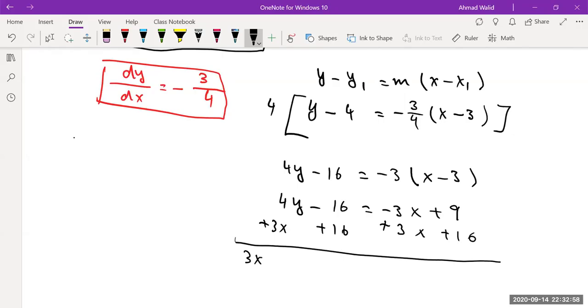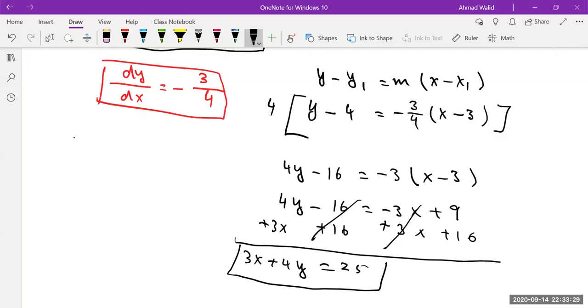Then 3x plus 4y equals, negative 3x and 3x cancel out, 9 plus 16, 25. This is the equation of the tangent line to the given curve, which was x squared plus y squared equals 25. That one actually is a circle. The equation of the tangent line for the point 3, 4 is 3x plus 4y equals 25.